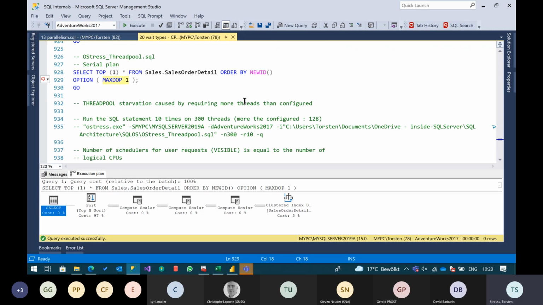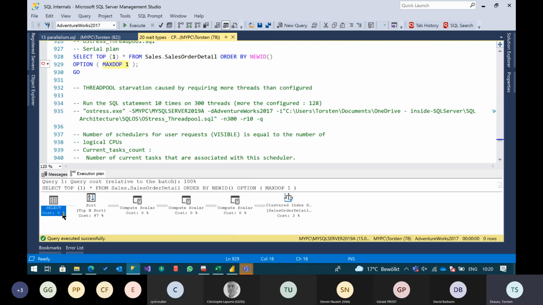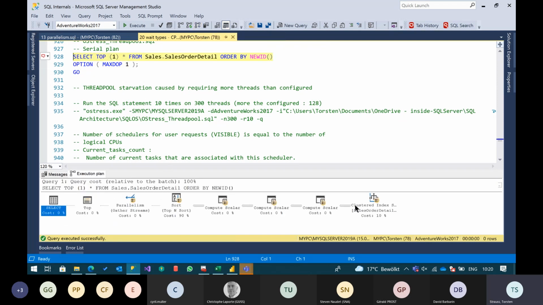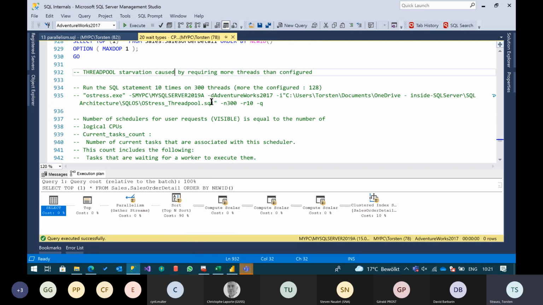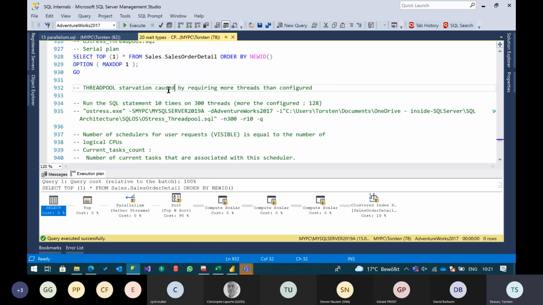So when I now execute the same query, either in a serial way, or when I run it like this, you can see the same query is now running in parallel, because the estimated subtree cost is much higher than the configured 5. So we can run the same query in 2 different ways. So let me execute this.